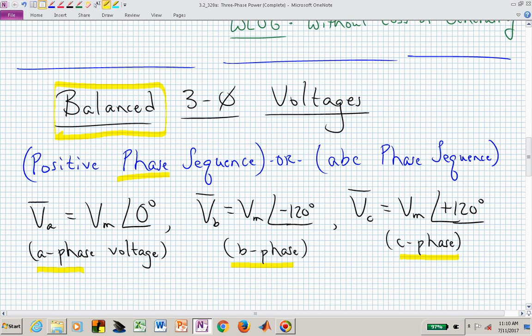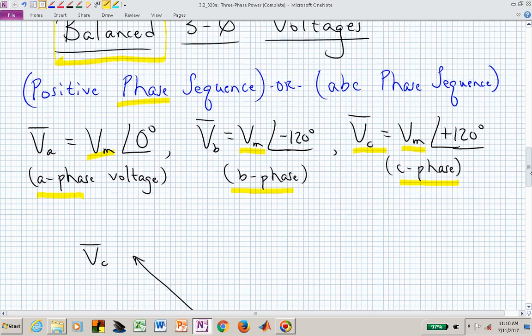The A phase, let's just say that's our reference phasor, and we'll let that have an angle of 0 degrees. Then relative to that A phase, in the positive phase sequence, we have a B phase and then a C phase. The B phase has the same amplitude, and this is balanced, which means that the amplitudes are the same. The angles are just separated by 120 degrees.